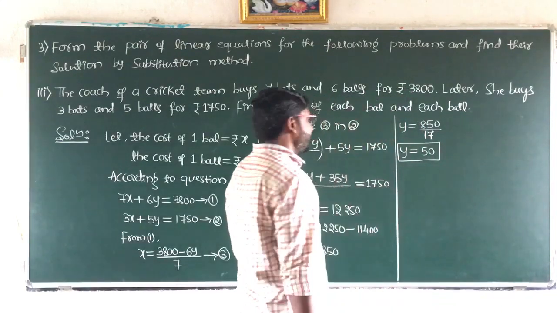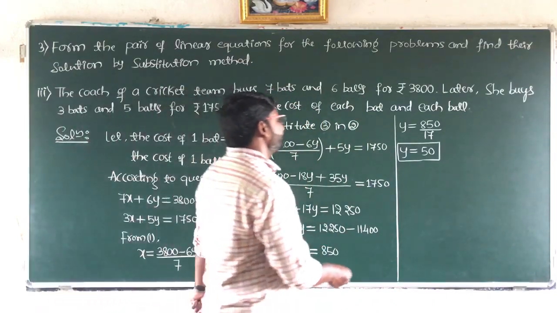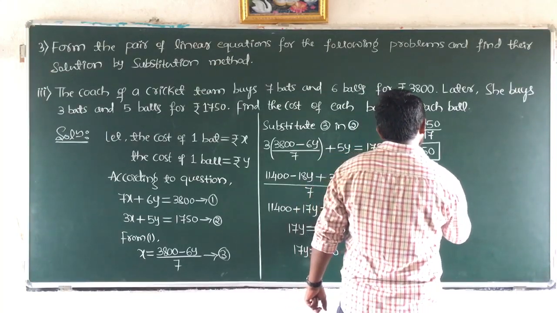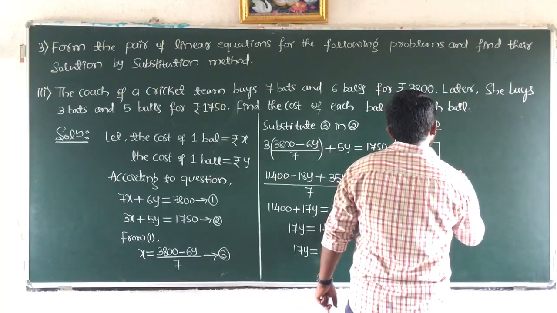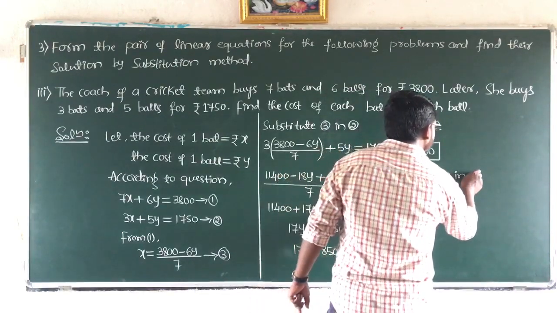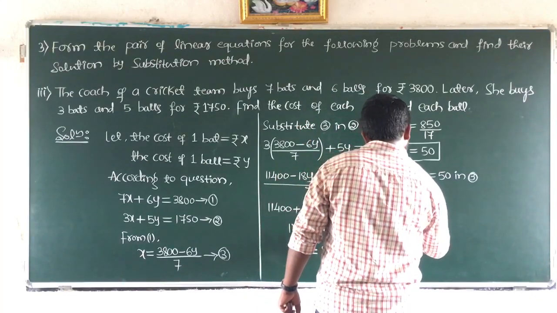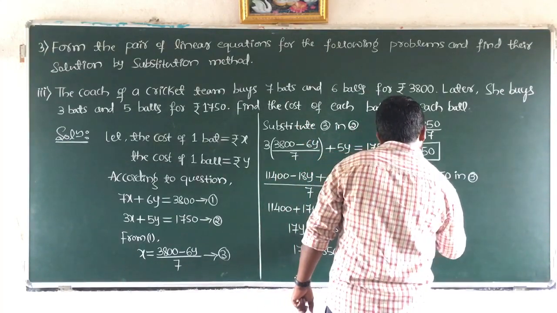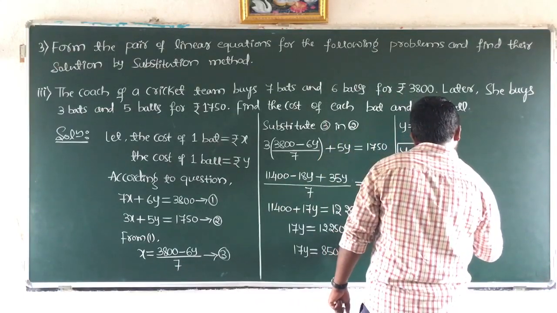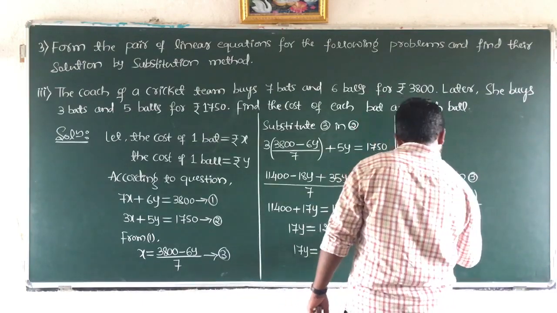So now substitute y equal to 50 in equation number 3. So put y, which is equals to 50 in equation number 3. So x, which is equals to 3800 minus 6 into 50 divided by 7.